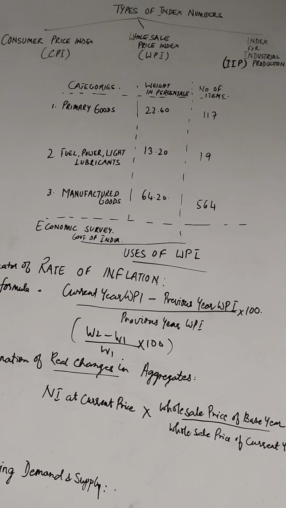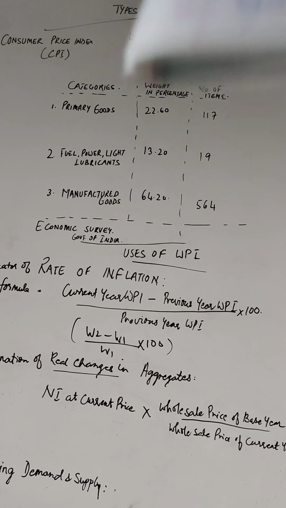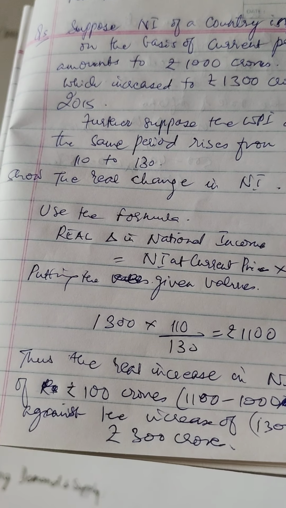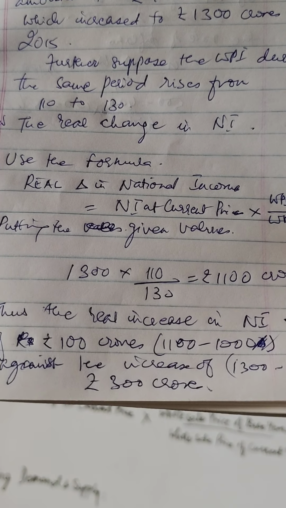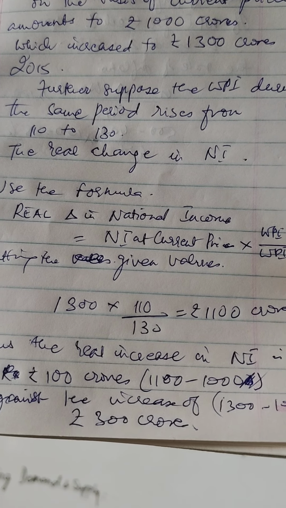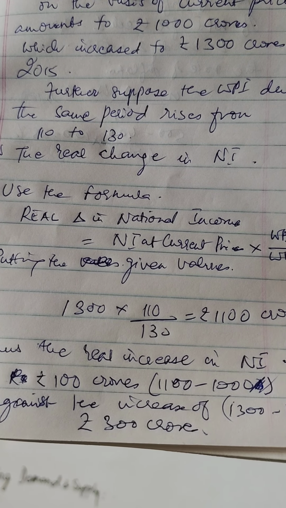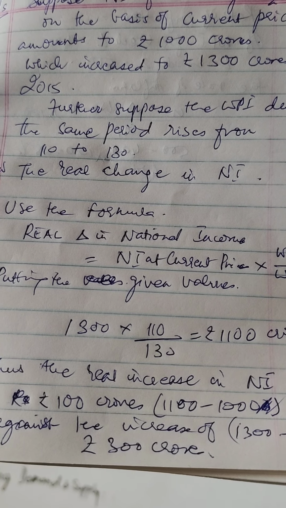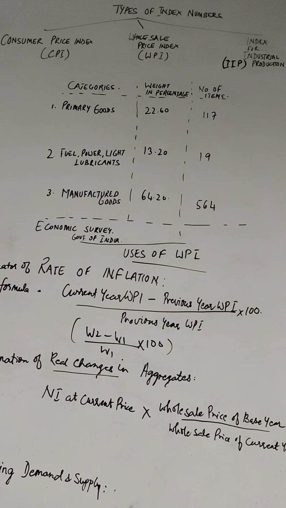Against that, the monetary increase is 1,300 minus 1,000, that is rupees 300 crores. So that's how it is. Is that clear? The real change in aggregates can be seen by this.